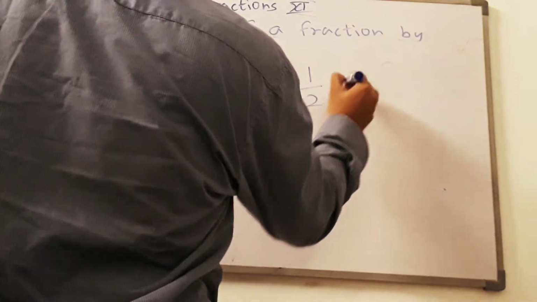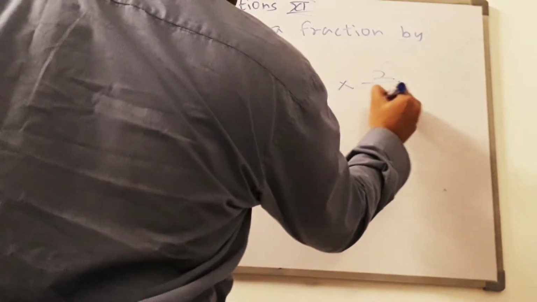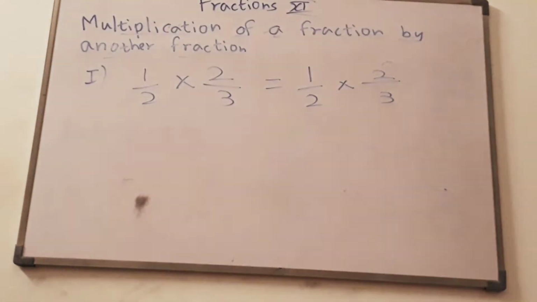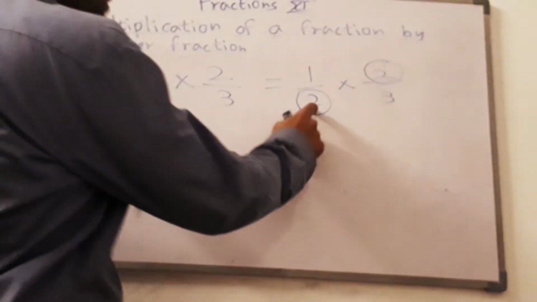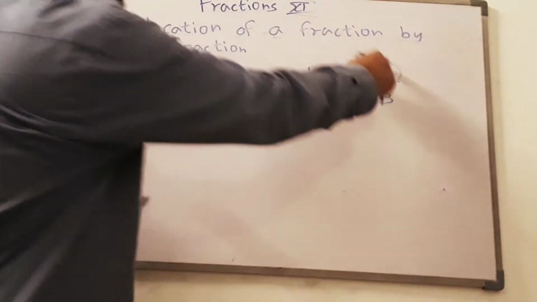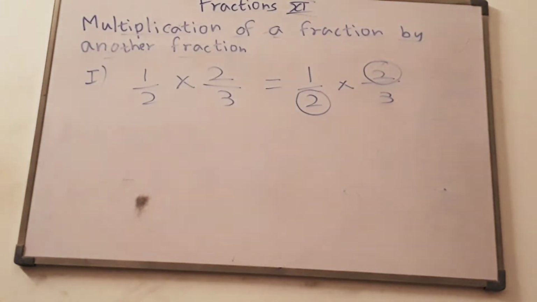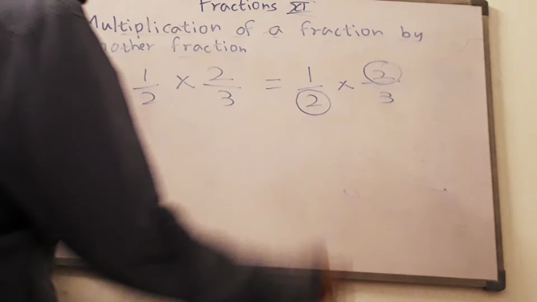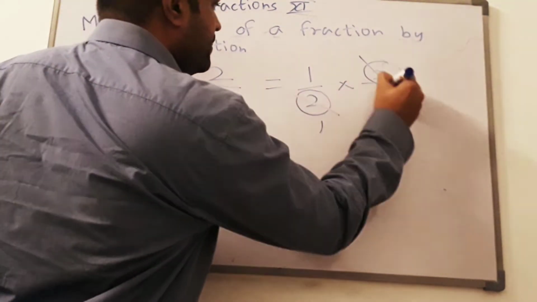Here these two have a common factor called 2 itself. 2 is divisible by 2, this 2 is also divisible by 2. So 2 and 2 can be cancelled. There's 1 2 here and 1 2 here.